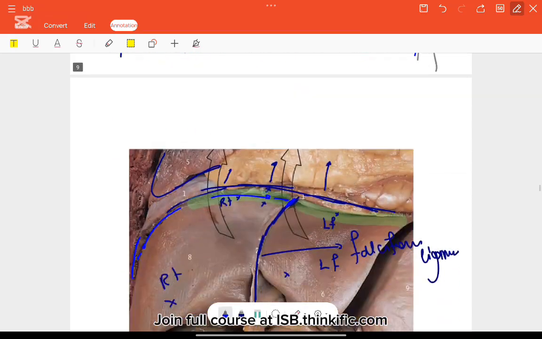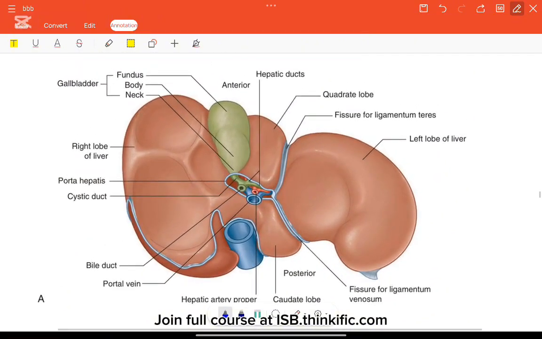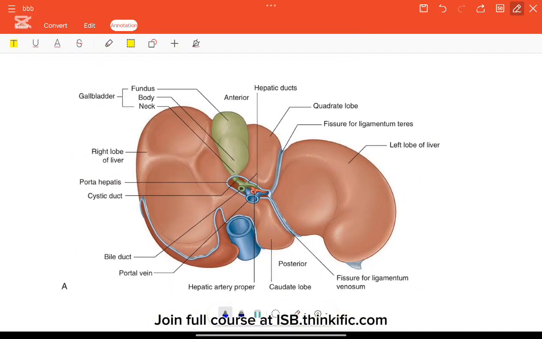Now, I just want to tell you about the visceral surface of the liver. This is an inferior view, visceral surface of liver. There are structures related. Of course, it's oriented in the inferior plane. It faces inferiorly, and it contains the porta hepatis, which is this gateway to the liver.